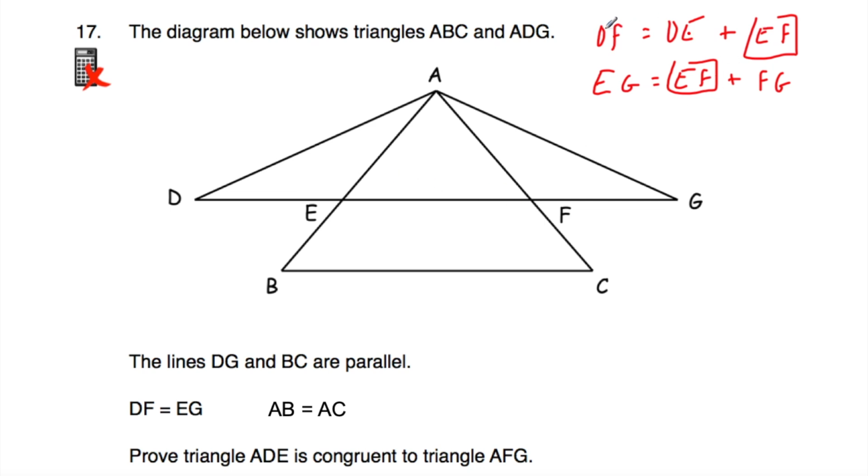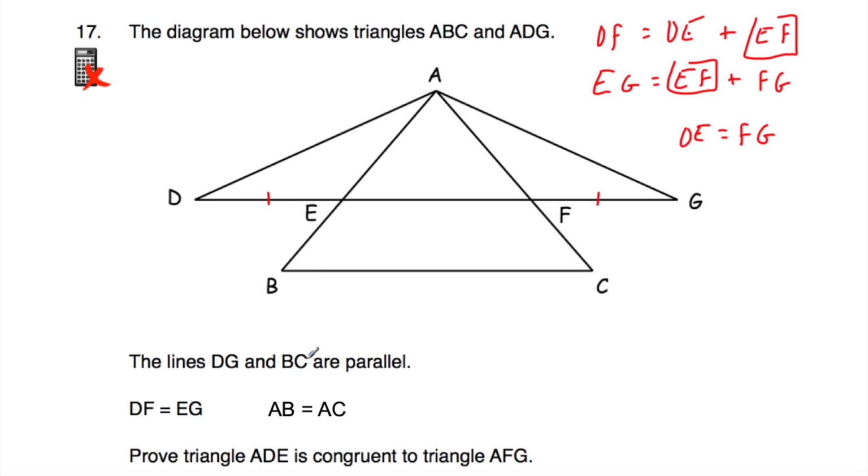So because these two are equal to each other, that means that DE equals FG. So that distance there would be equal to that distance there, because if we know from here to here is the same as from here to here, and they both have that in common, that means that that distance would be the same as that distance.